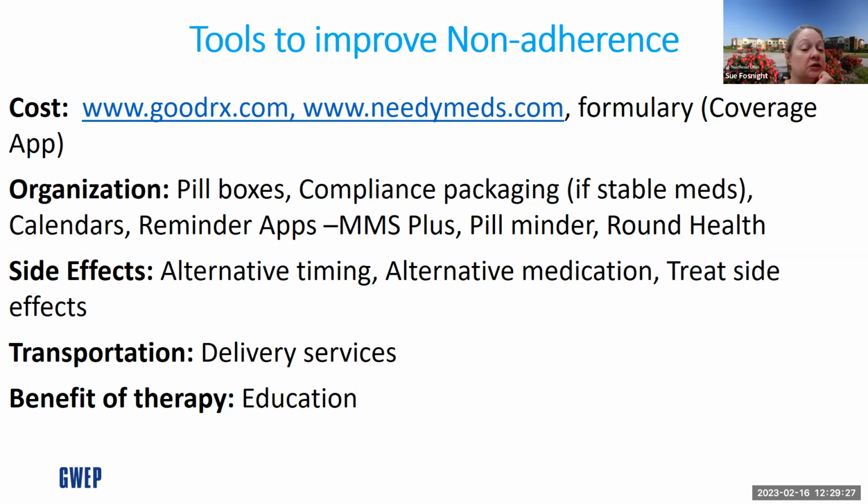For if the issue is cost, and I left off needymeds.com. I use needymeds.com all the time for my older patients particularly. So many medications will have a program where the patient can get the medication for free from the manufacturer. And it's different with different meds, but many of the meds go up to $50,000, $60,000 a year.